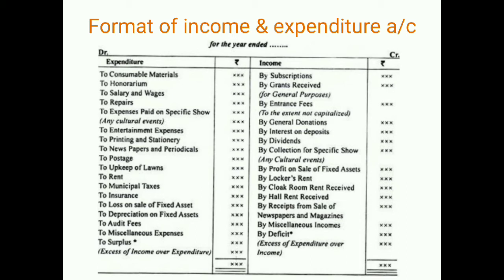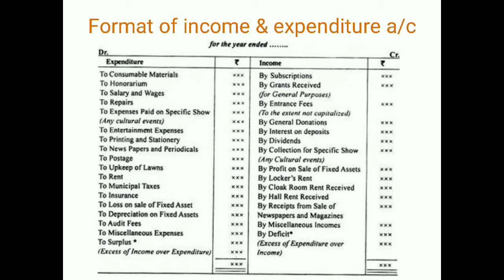The heading is expenditure, and right under it are consumable material, honorarium, salary and wages, repairs, expense, entertainment, printing, newspaper, postage, and all are your expenditure. Right behind that, on the income side, all the incomes are there. So incomes will be on the income side and expenditures will be on the expenditure side.